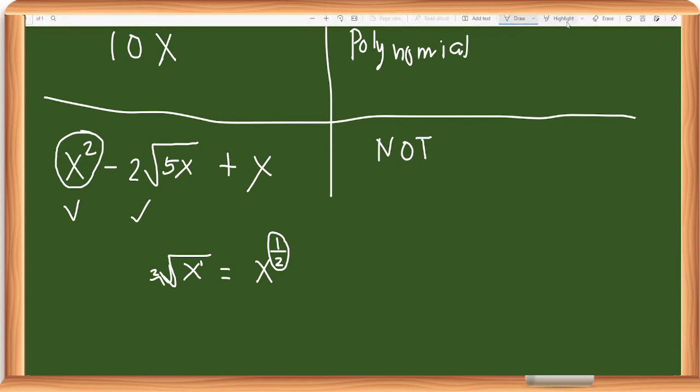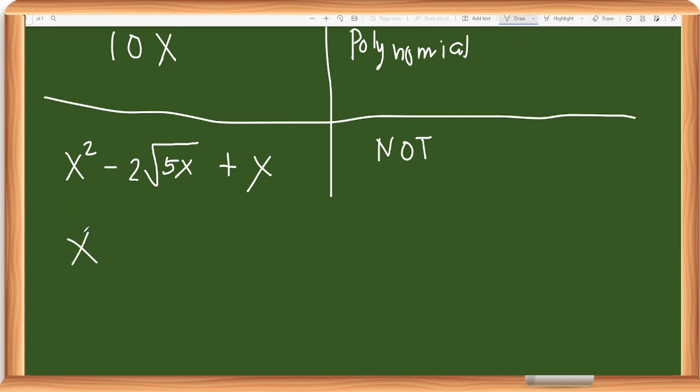But if the x is outside, like let's say for example, the same example, x squared minus 2 times square root of 5 and then x plus x. When it is like that, the exponent of x here is 1. It is not inside the radical sign.